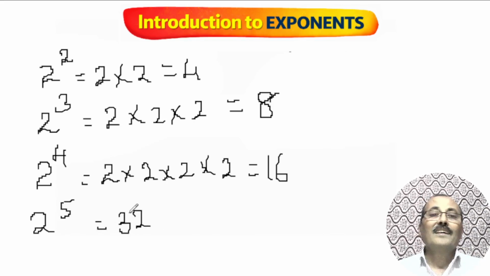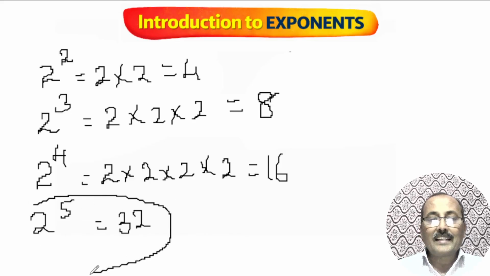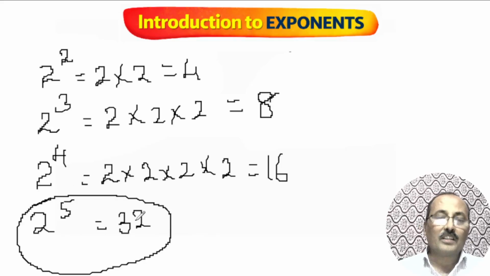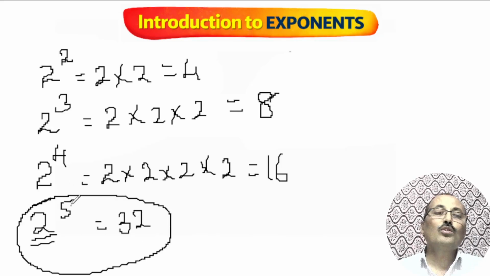Here in 2 to the power of 5 equal to 32, 2 is called the base and 5 is the power, and totally this is the exponent.